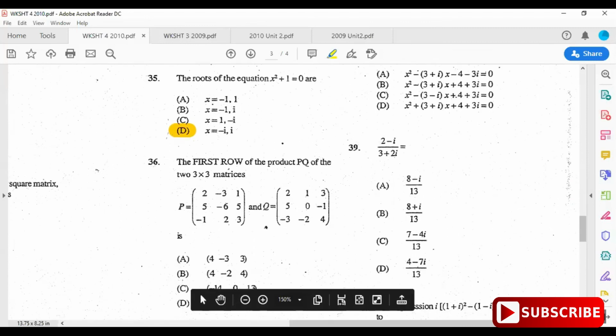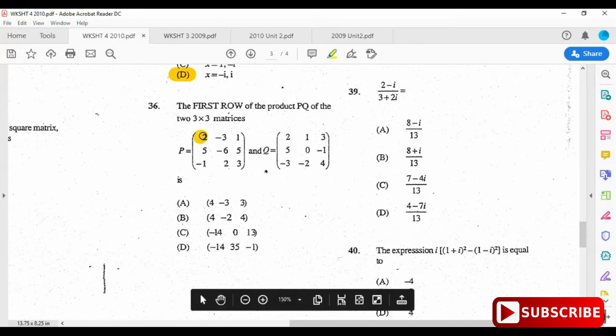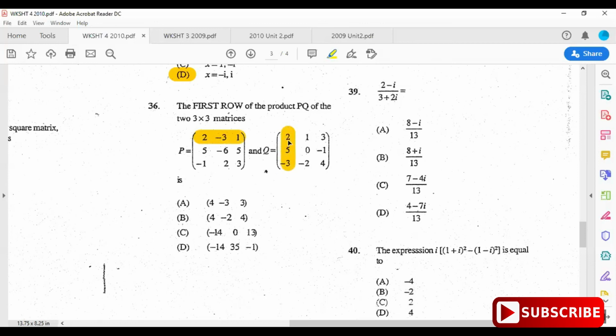Now this question: we have P and we have Q, and they want the first row. They're always asking about the first row. So it is this row times this column. That will give us 2 times 2 is 4, then minus 15 is negative 11, then minus 3, which is negative 14.